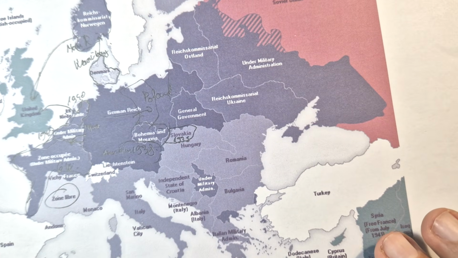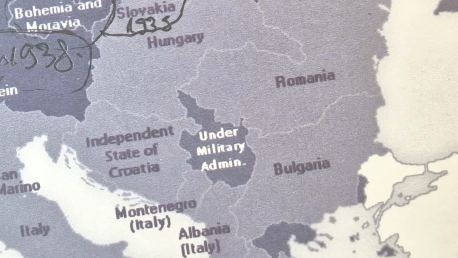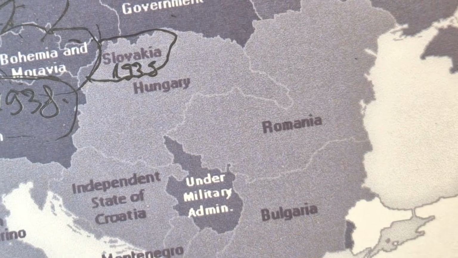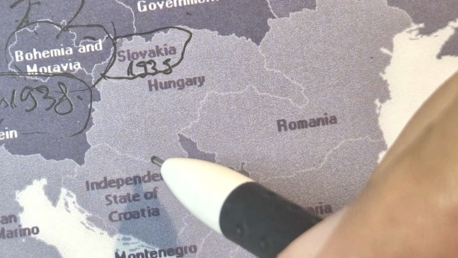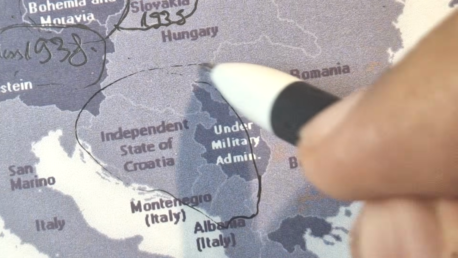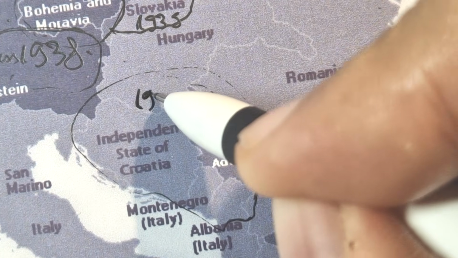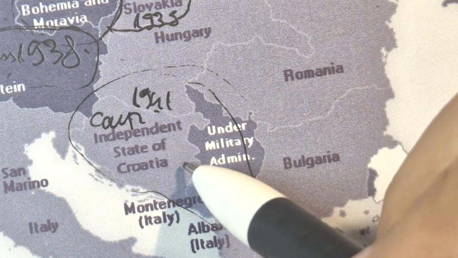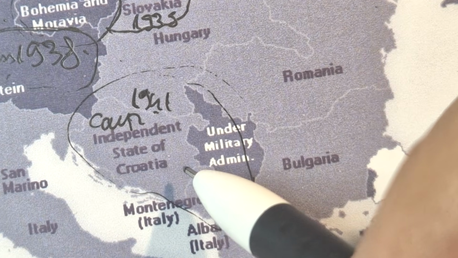Well, now we go a little bit to East and Central Europe. Yugoslavia. Yugoslavia is invaded after a coup in 1941. So, coup. Yugoslav officers overthrow the pro-Axis government.